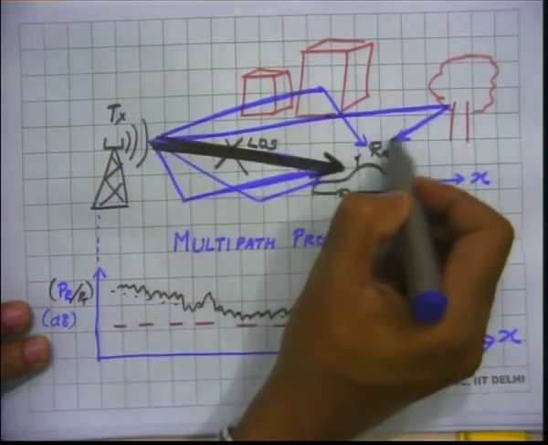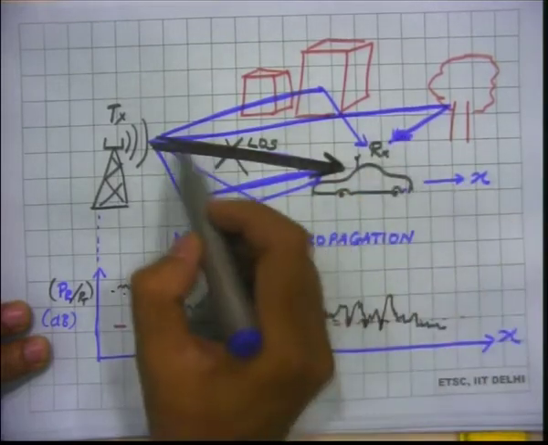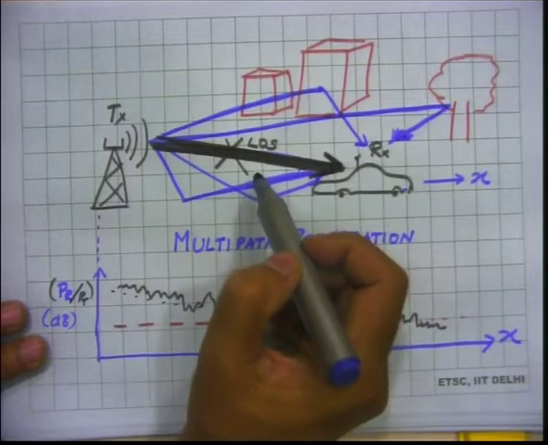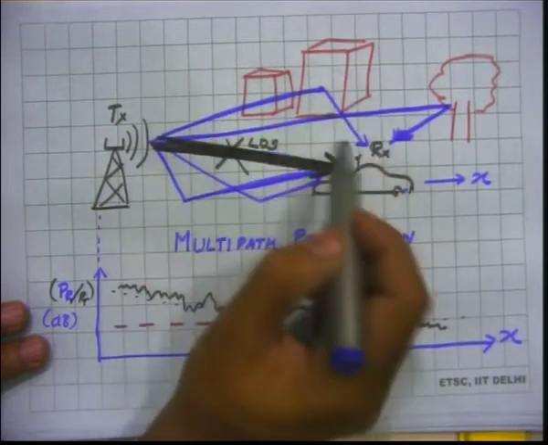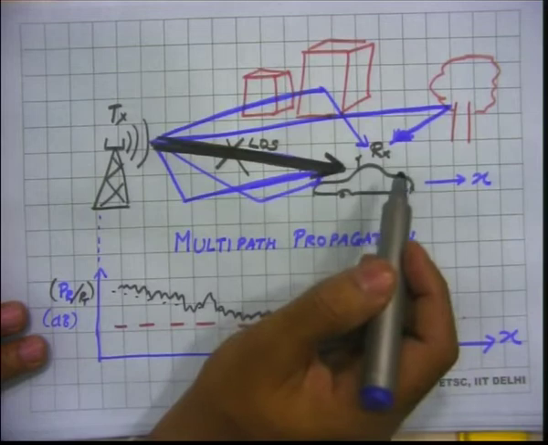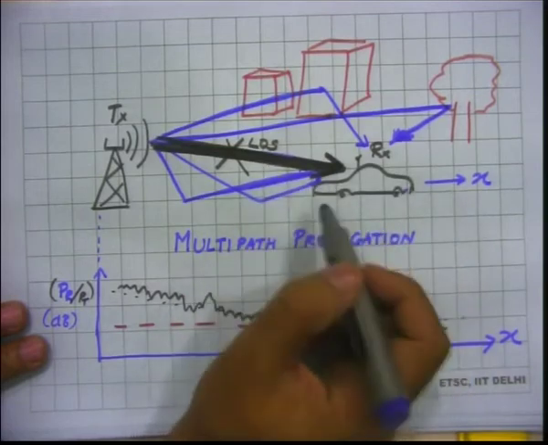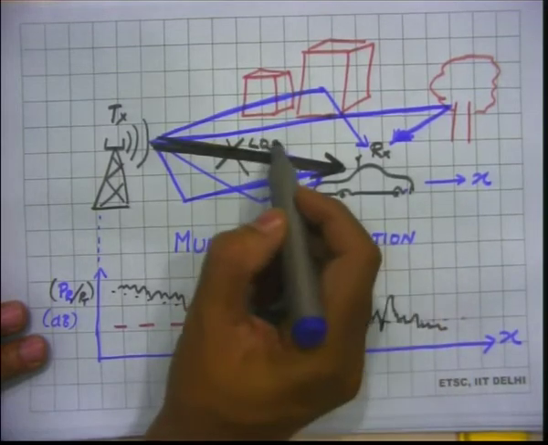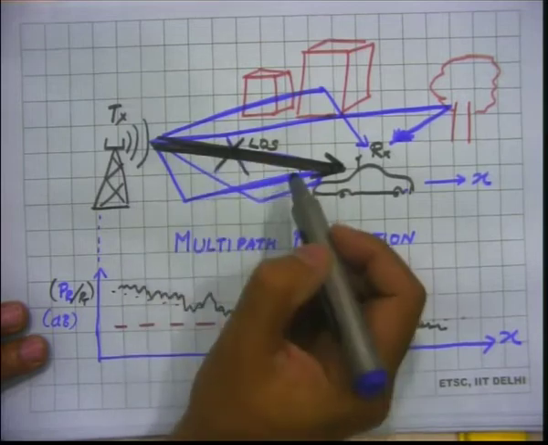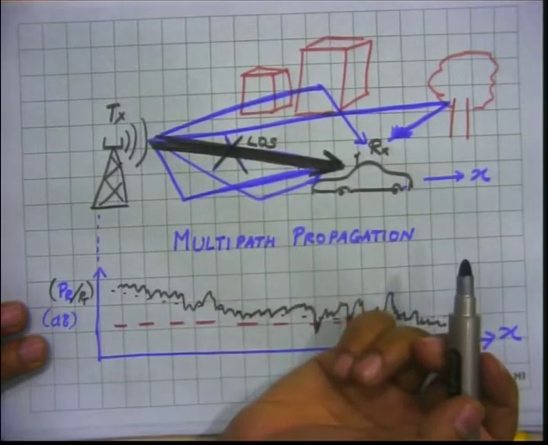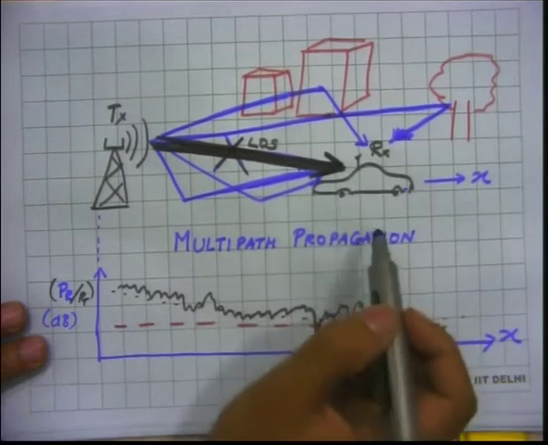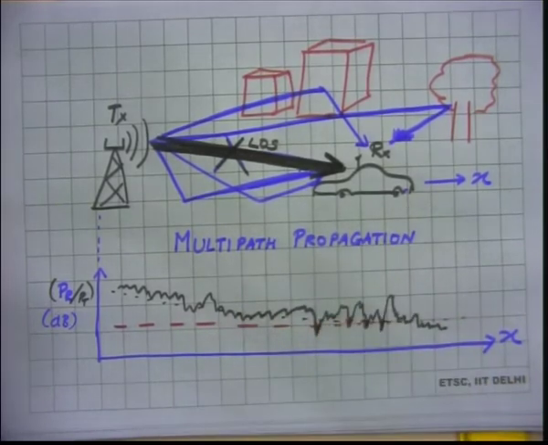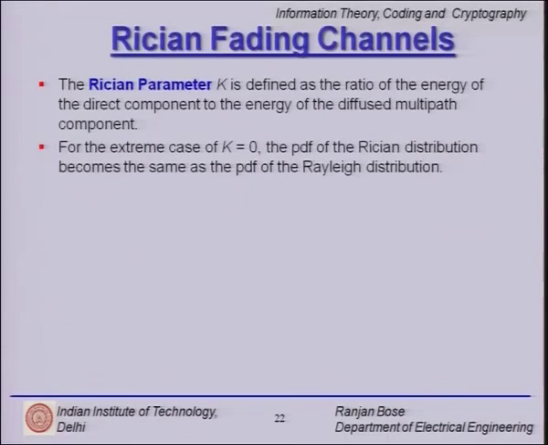So, the ratio of the energy coming from the direct path to the non line of sight, the diffused path, is the parameter K. Clearly, if there is no line of sight, then K is 0, and K equal to 0 implies that we are looking at a standard Rayleigh fading channel. So, the special case K equal to 0 comes back to the Rayleigh fading distribution.